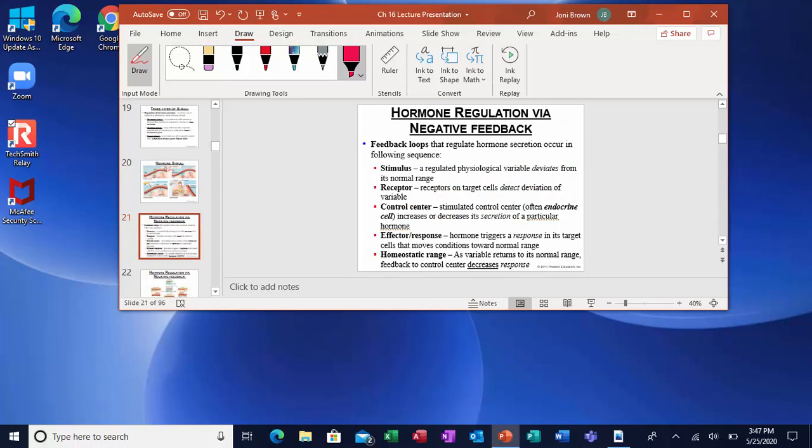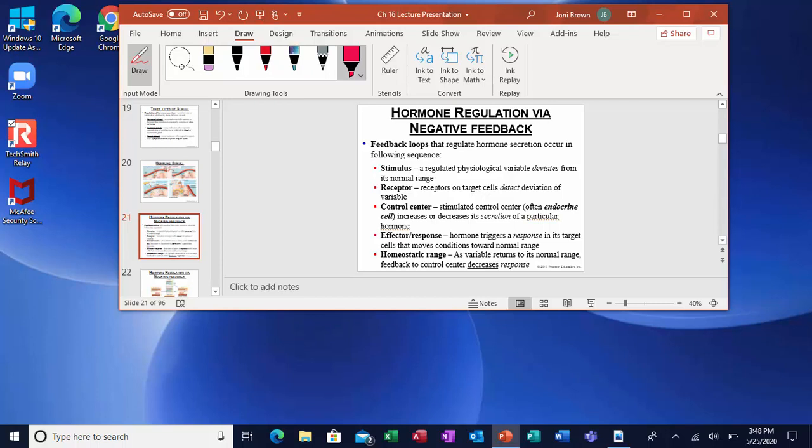Now, it's all regulated by negative feedback loops. They get the signal to create an action or to negate the signal, and they continue to do so in a loop until we get it back to normal range. The stimulus is this regulated physiological variable, and it gets out of its normal range. It deviates from its normal range. A receptor that's on the target cell detects that deviation and tells the control center.